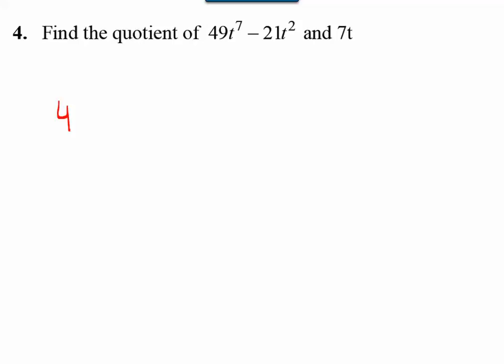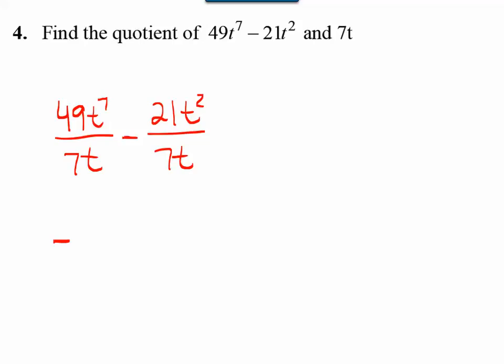Alright. Dividing each of these by 7t gives you 7t to the 6th minus 3t. Everybody good there? Cool. Good. Getting better. This is good.